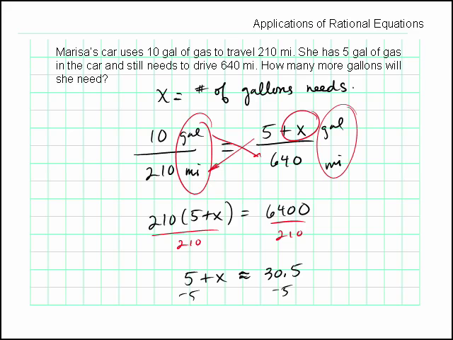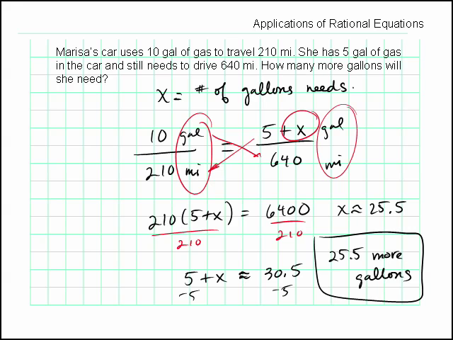And we have about 25.5. And so our answer is 25.5 more gallons are needed to get us the 640 miles. Okay, those are 2 examples of setting up a proportion to solve a word problem.